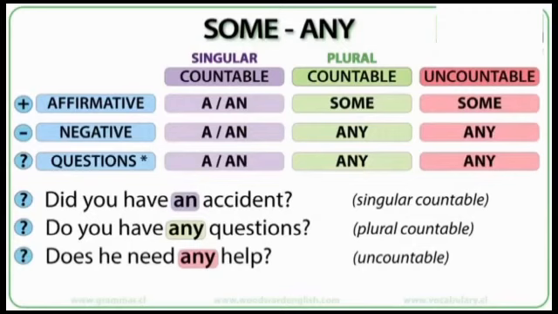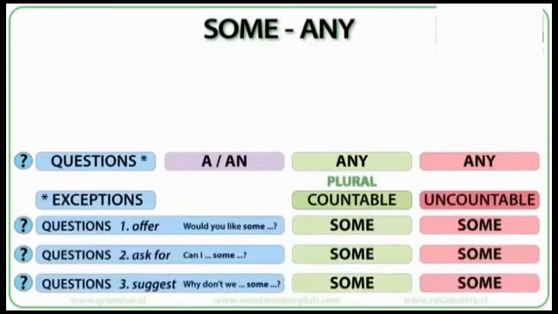So, as we have seen, we normally use any with questions. However, there are three main exceptions: when we offer something, when we ask for something, and when we suggest something. Here, we use some instead of any. Let's look at some examples.